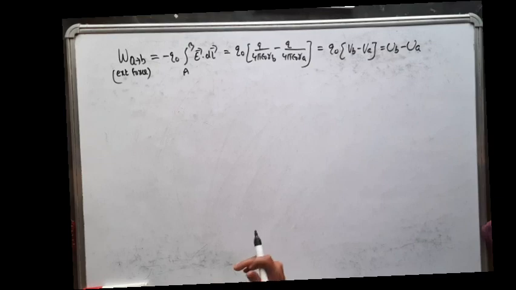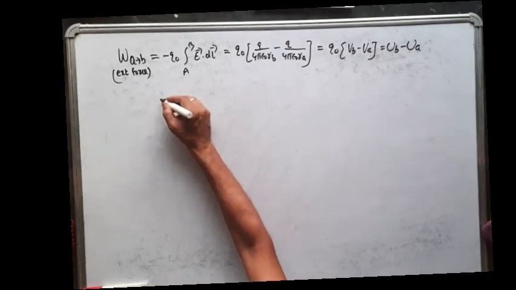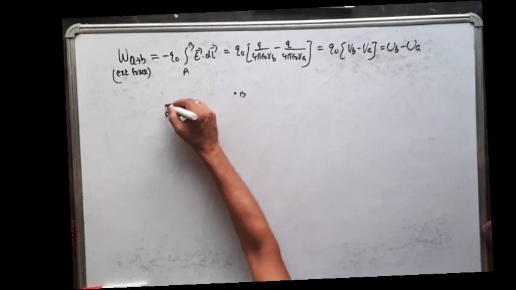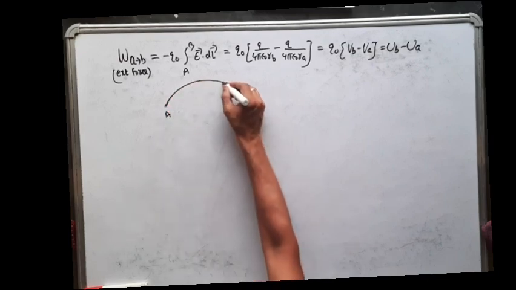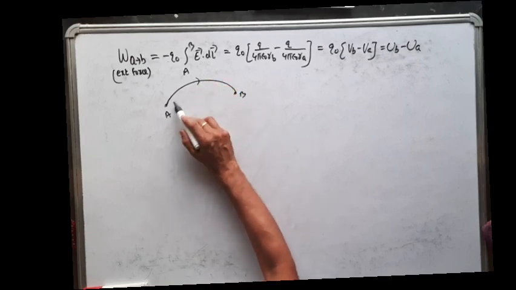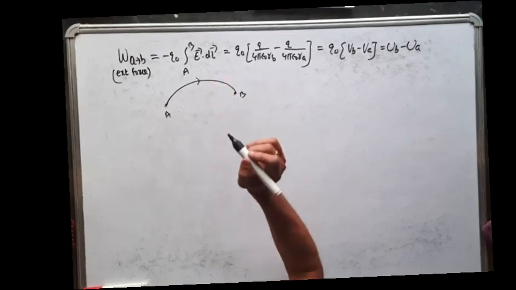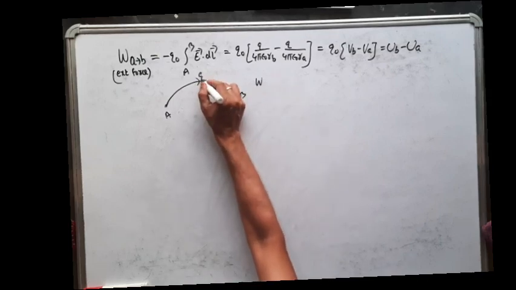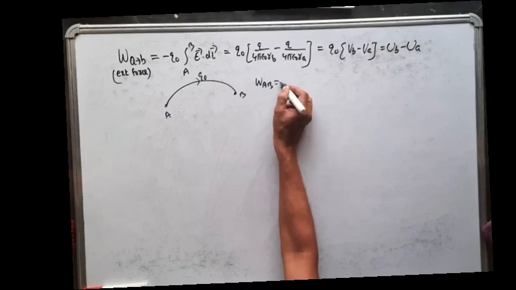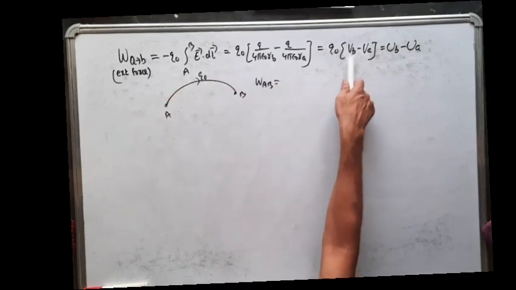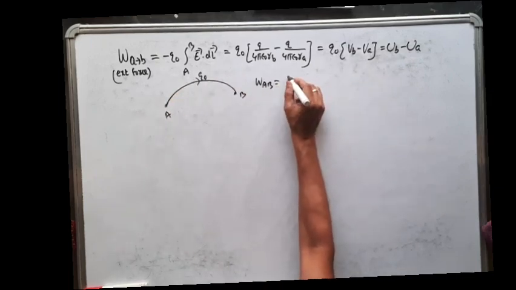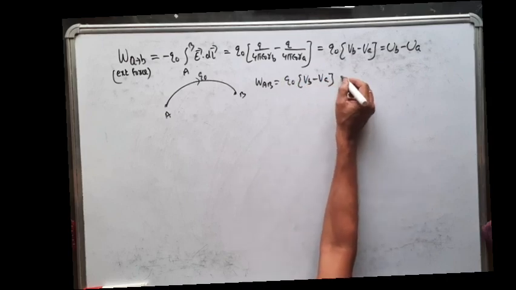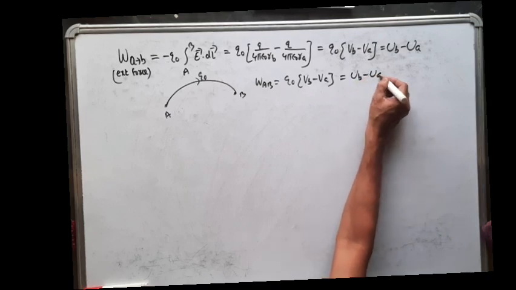Next, suppose this is point A, this is point B. I am taking a q naught charge from point A to point B. So what is the work done? The work done is q naught into VB minus VA, or you can say UB minus UA.